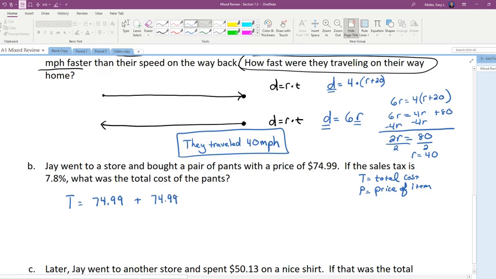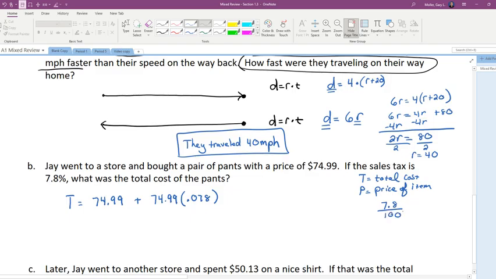And if I want to find 7.8% of something, I multiply it by 0.078. 7.8%. You remember the word per just means divided by, and cent is the prefix for 100. So when you see 7.8%, it's really telling you 7.8 per every 100.